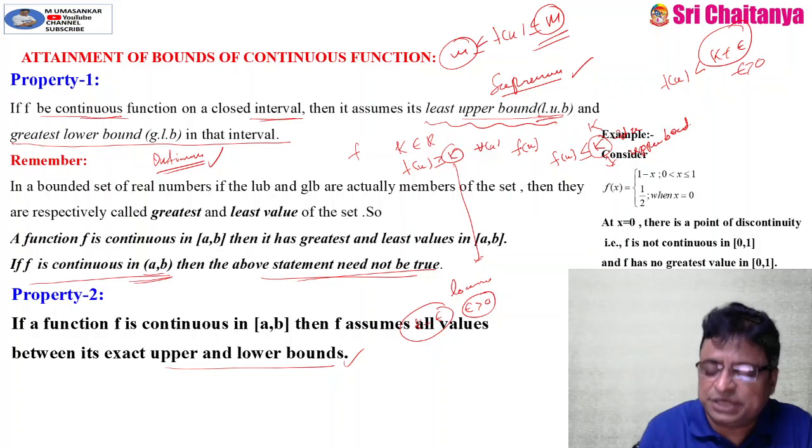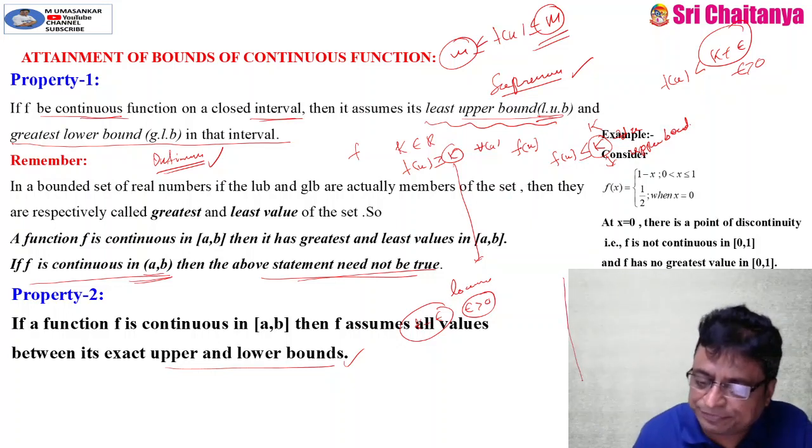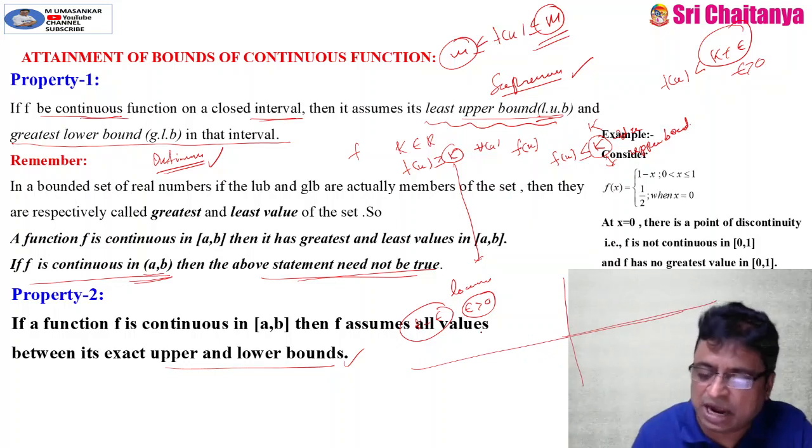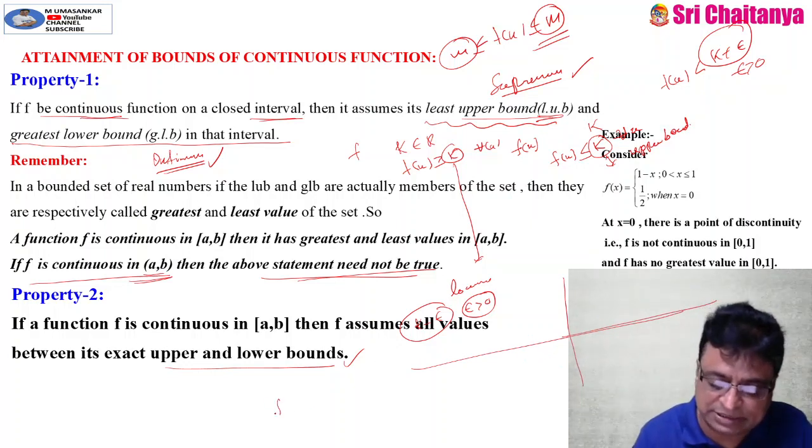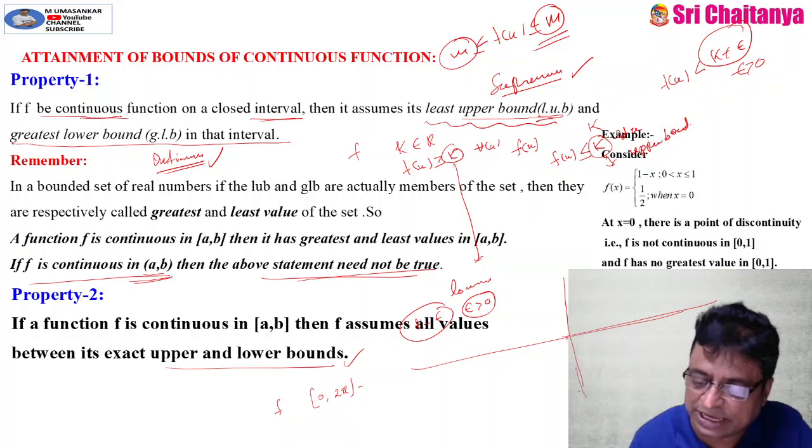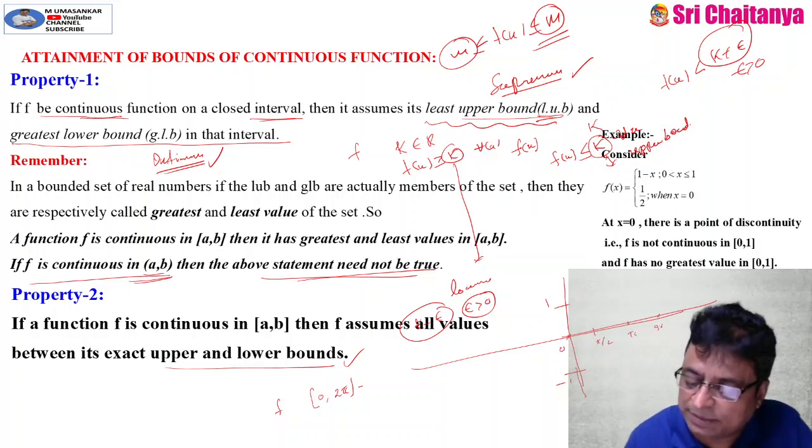Suppose you take my sin x function, defined from the closed interval [0, 2 pi] to the closed interval [-1, 1], like this: 0, pi by 2, pi, 3 pi by 2, 2 pi.